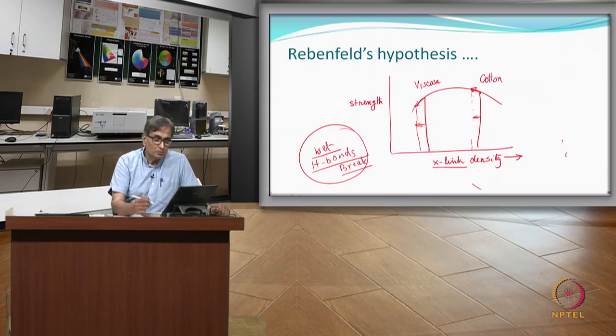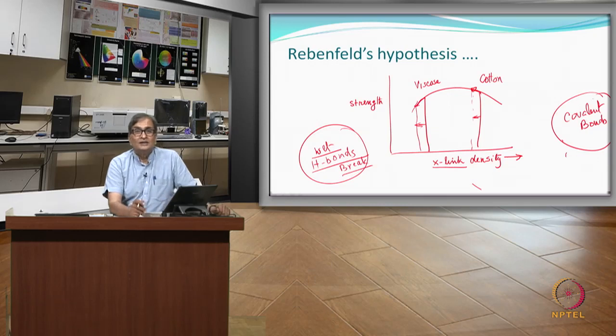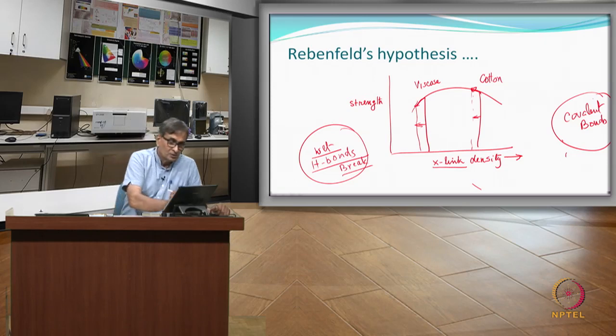Now, when we introduce more covalent bonds, then what happens? We are now increasing the crosslink density. So, we are going in this direction.